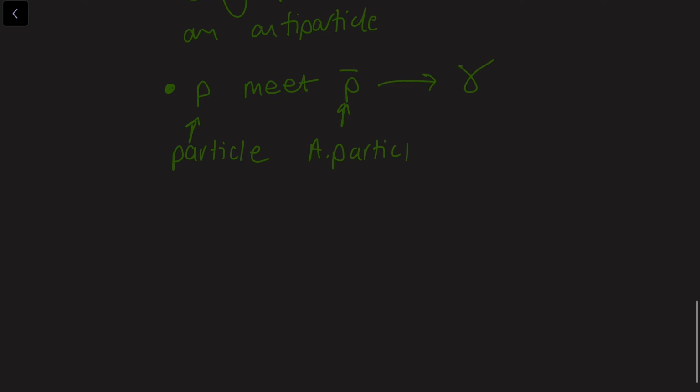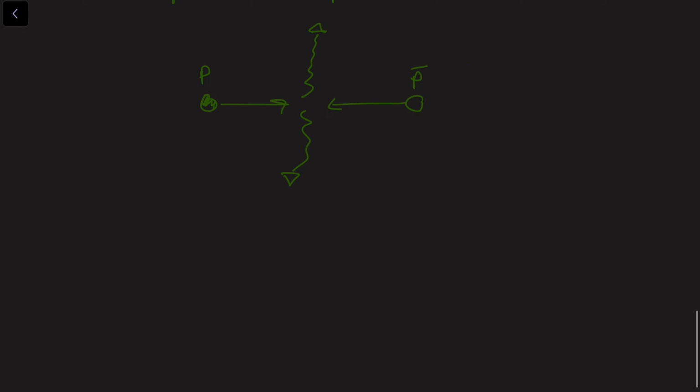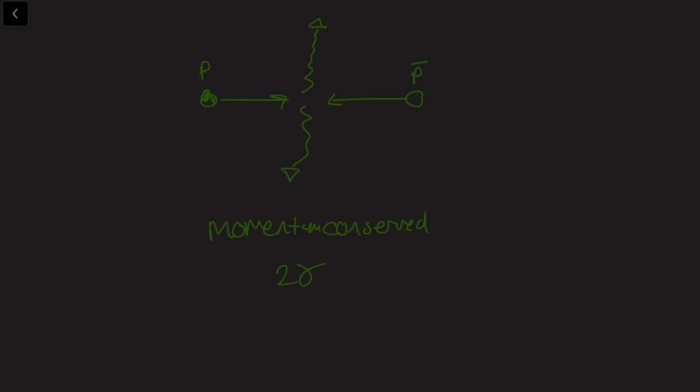So we can draw this on a nice little diagram like this. We can have a particle, fire in the antiparticle, and they will generate photons, which will conserve momentum. Remember, momentum is always conserved, that's why there are 2 photons. So momentum is conserved, so we get 2 photons produced.